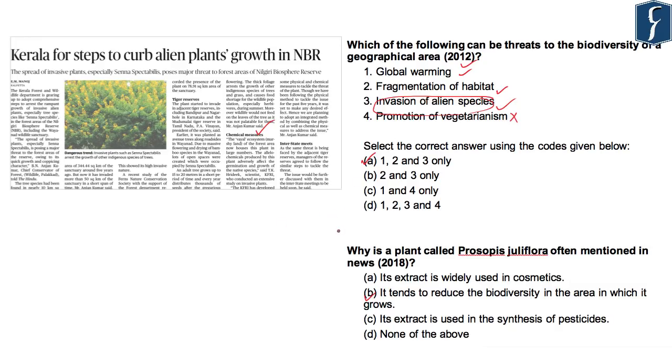And as you might decipher, only basic level information is needed for environment and ecology questions asked in the prelims examination. So first we'll understand invasive alien species, and then we will discuss the main characteristics of this particular plant known as Senna spectabilis, as it has become extremely important for the 2019 prelims examination.